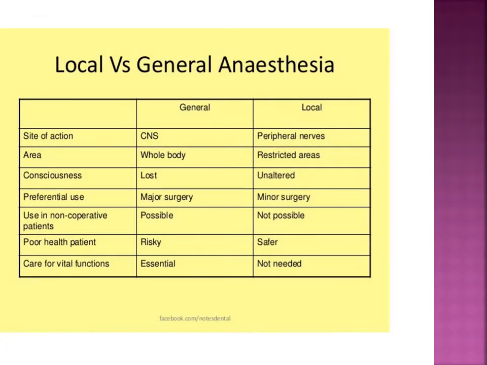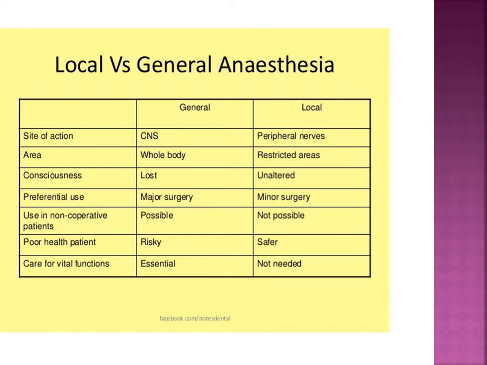Some differences between local anesthetics and general anesthetics. Based on site of action, general anesthetics act on the CNS and local anesthetics act on peripheral nerves.